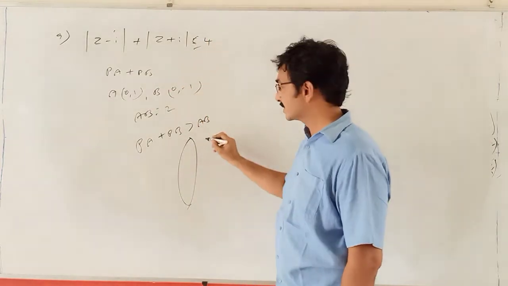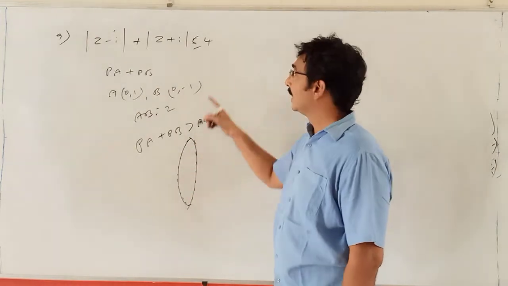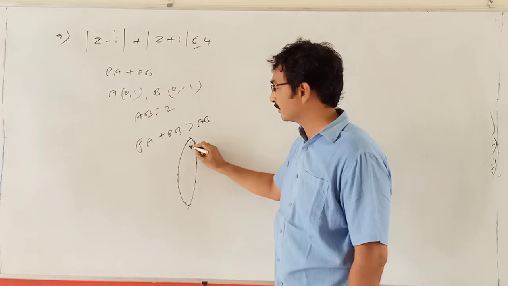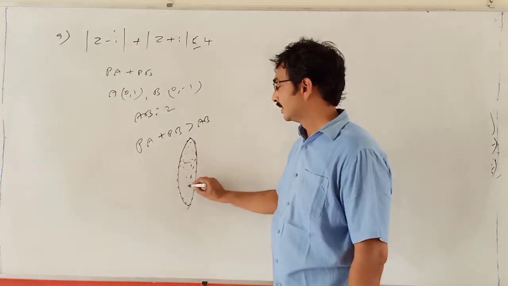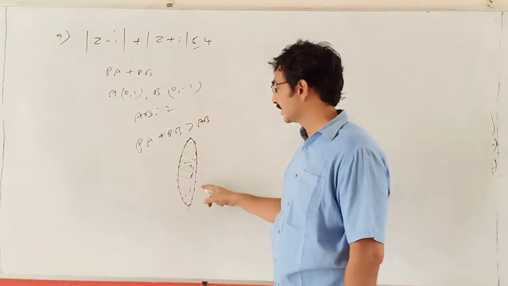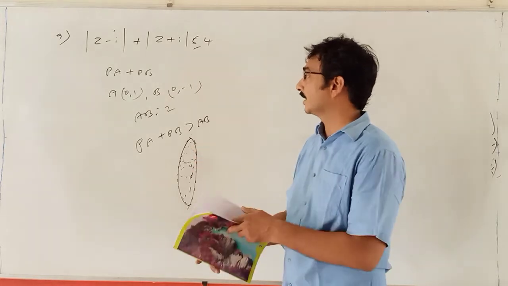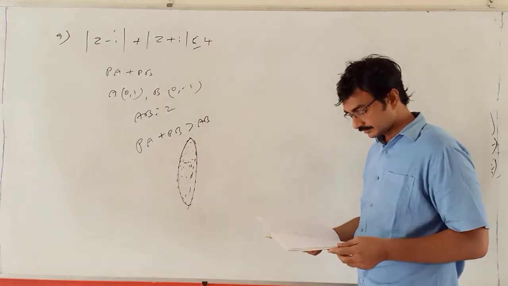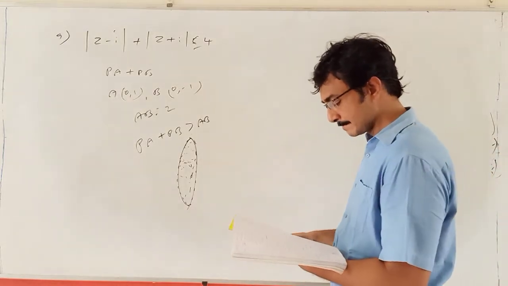Equal to 4 represents points on the ellipse. Less than 4 represents points inside the ellipse. So finally the locus of z represents the elliptical curve and the points inside it, the interior or points on the ellipse.